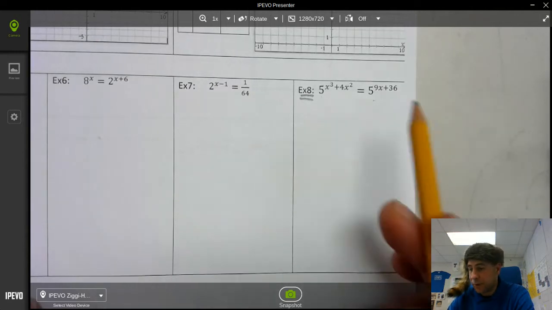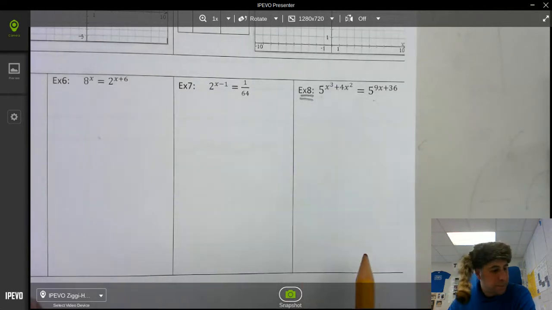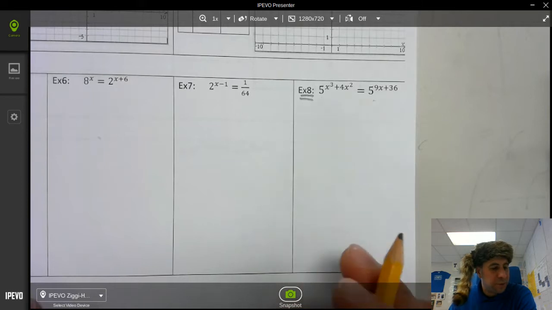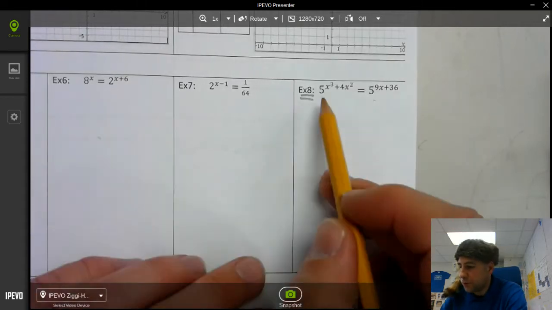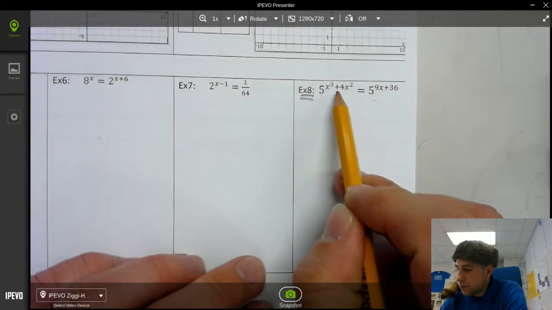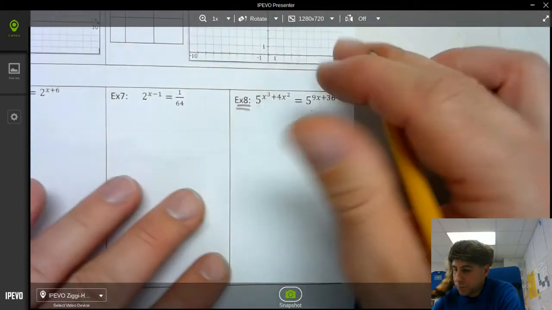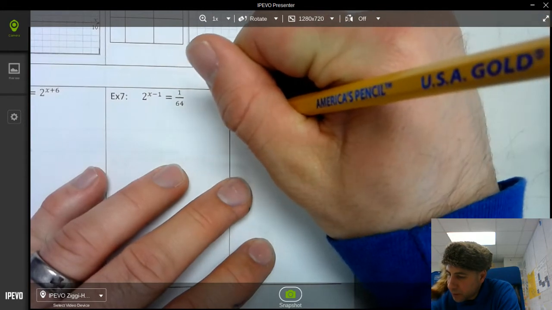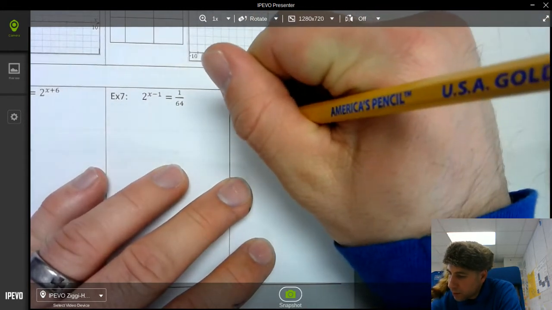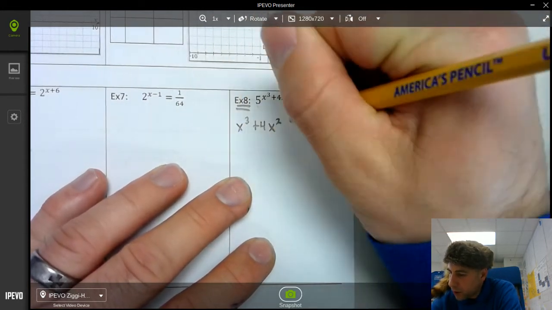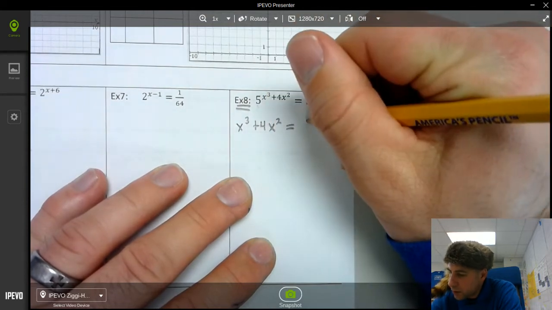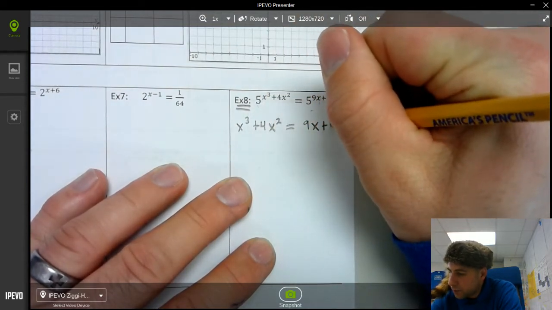Well, we can skip step 1 because they have the same base, okay? So we're going to go to step 2. Since the bases are the same, the exponents are equal. So since the bases are the same, we can say that the exponents are equal. So we have x cubed plus 4x squared equals 9x plus 36.